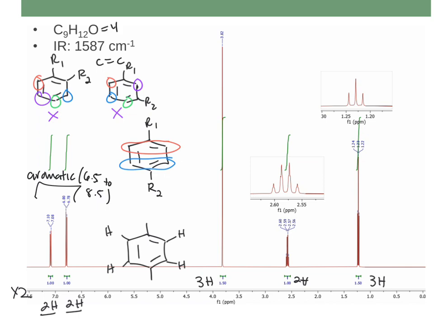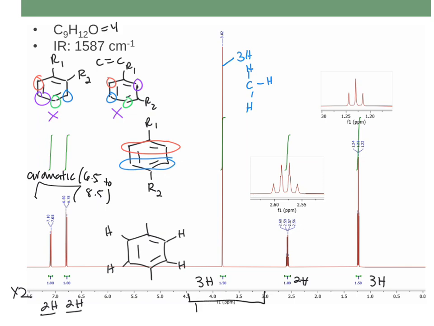Let's take a closer look at this signal. So I've got a 3H, which should be 3 hydrogens. I see that it's a singlet, so there are no neighbors, but it's in this region between 3 and 4.5.